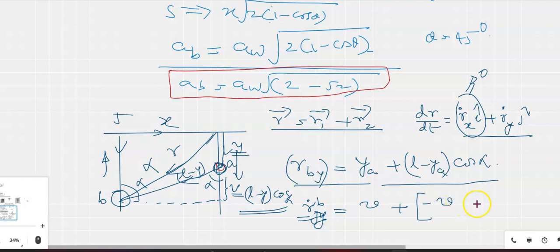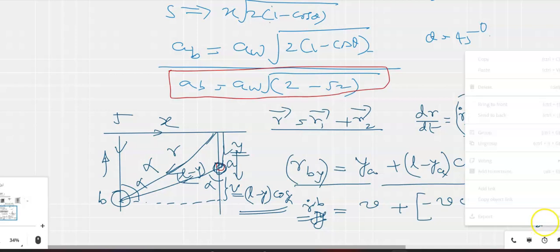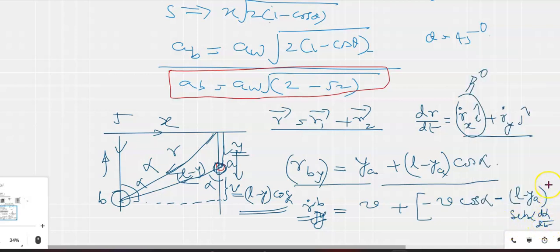Then we have cos alpha. Then cos alpha becomes minus sin alpha. This we have L minus ya into sin alpha d alpha by dt.